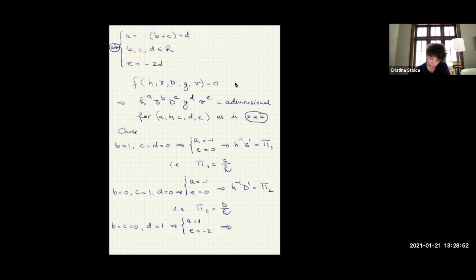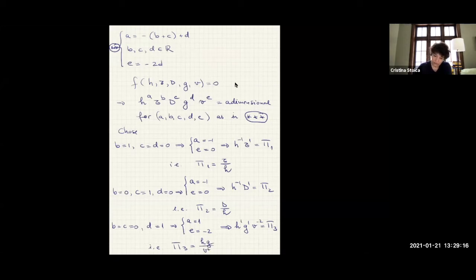So there you go. We end up with H at 1, G at 1, V at minus 2 will be the third non-dimensional variable. Or in other words, pi 3 will be Hg over V squared. Okay.